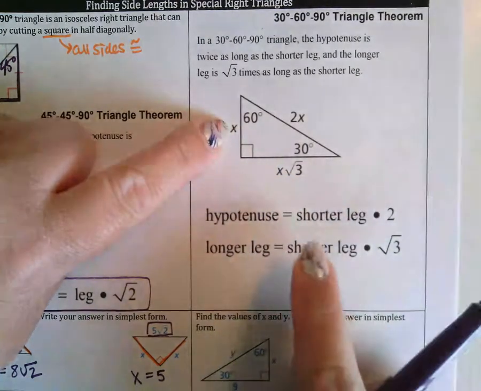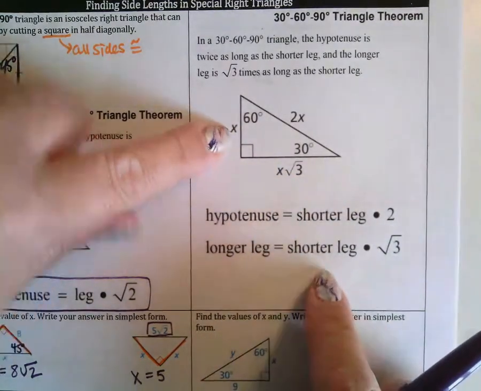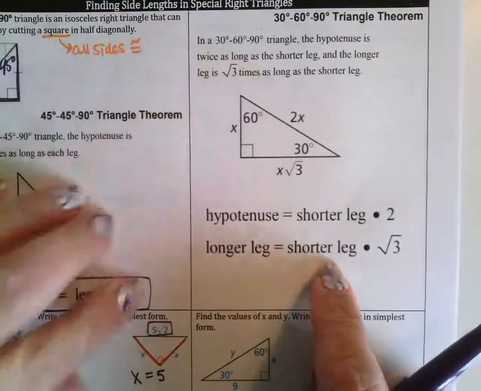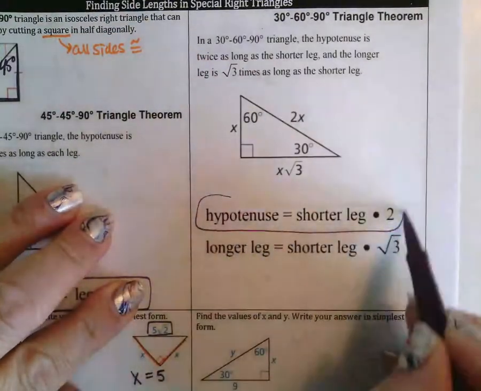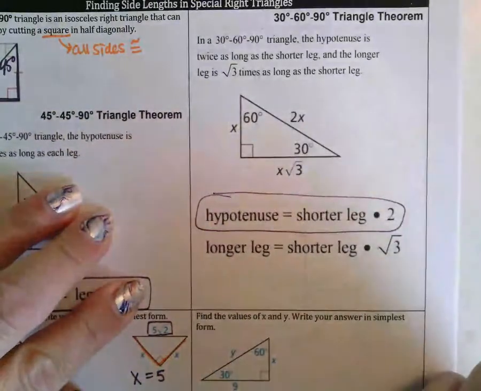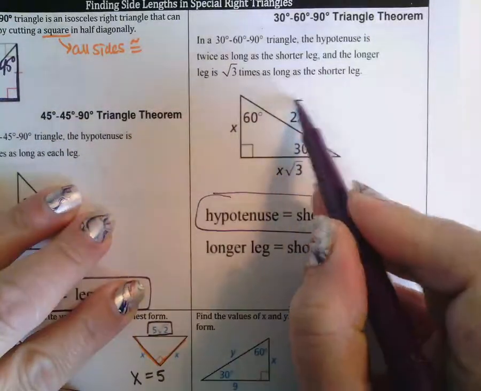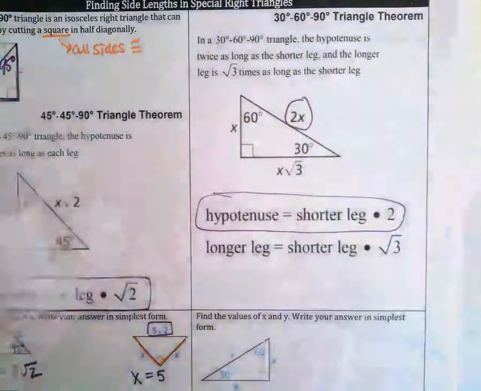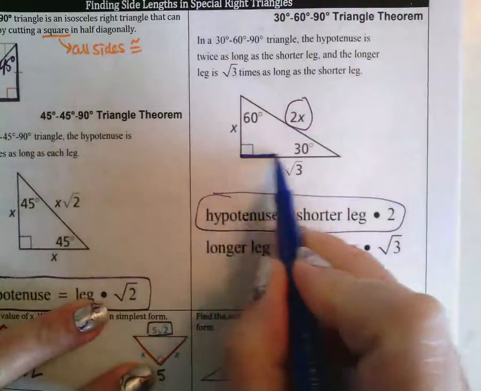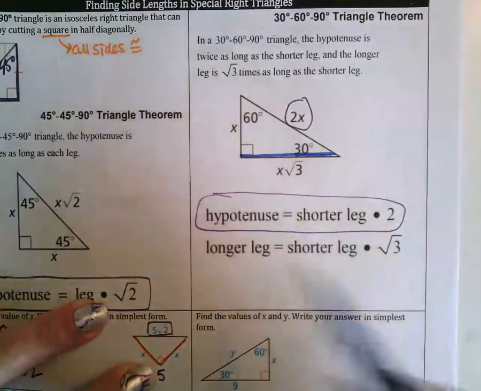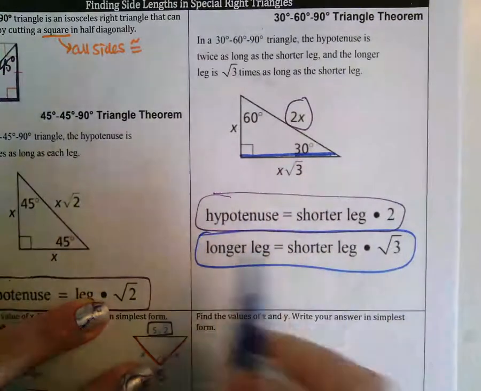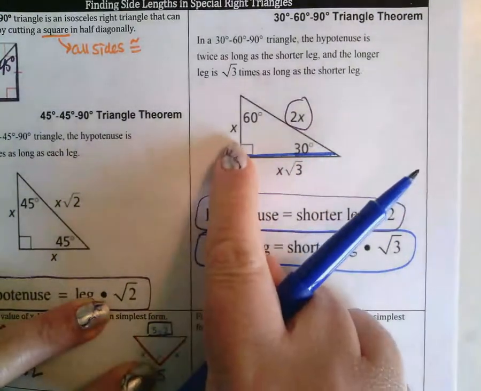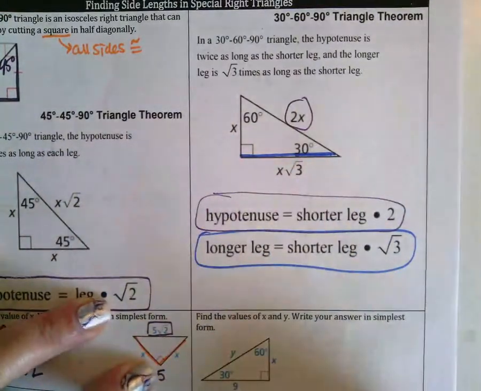So this is going to be your shorter leg, this times 2 for your hypotenuse, okay? So it's just this 2x right here. And then for your longer leg, this leg right here, you're just going to take the shorter leg, whatever that is, times the square root of 3.